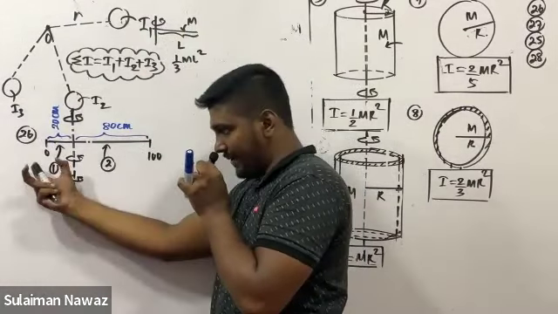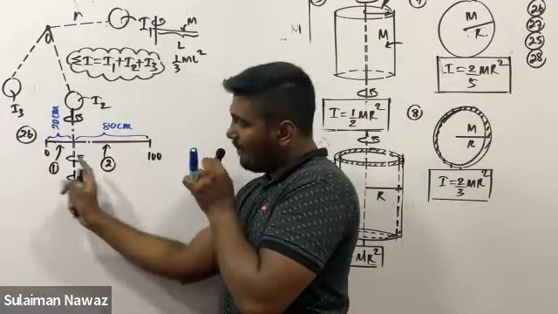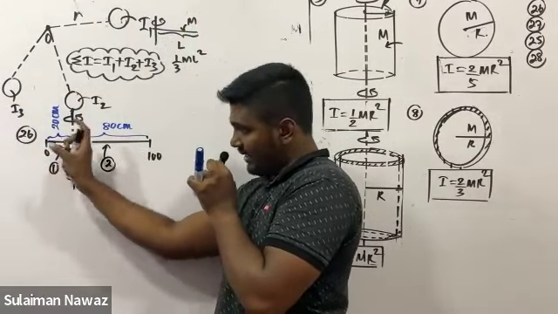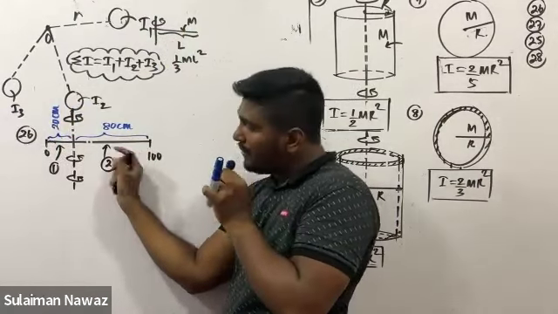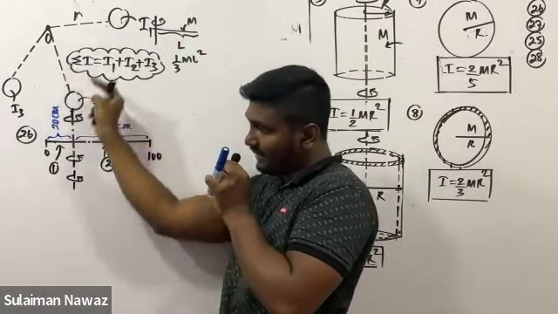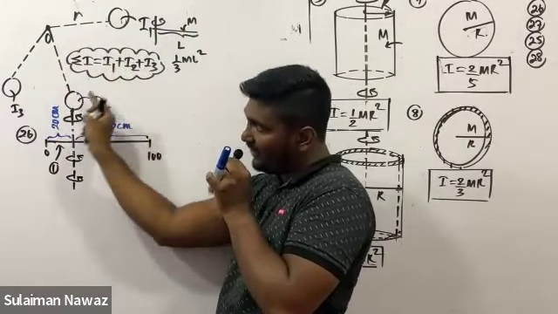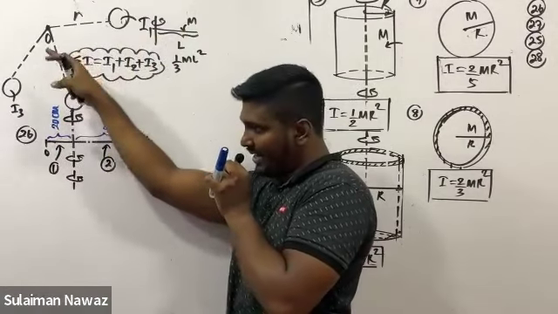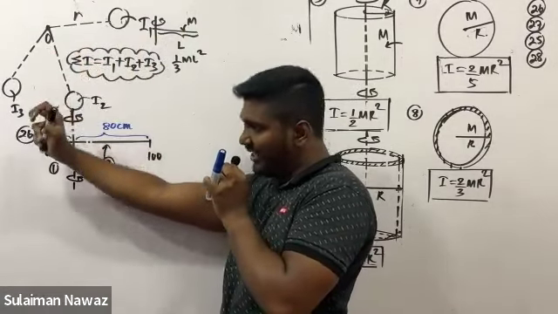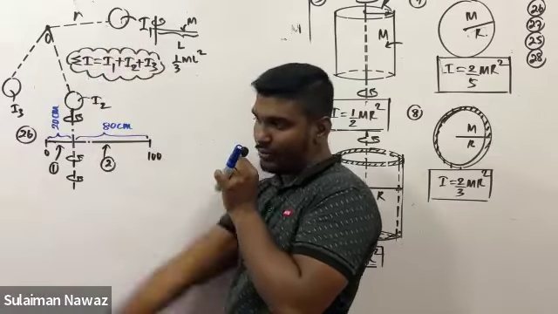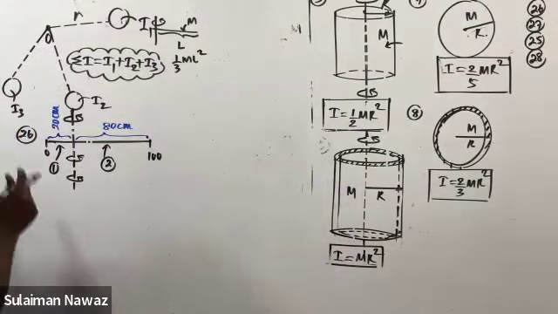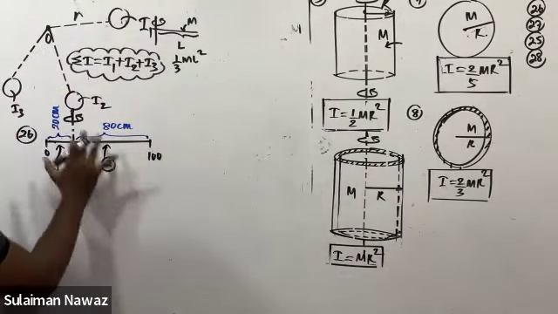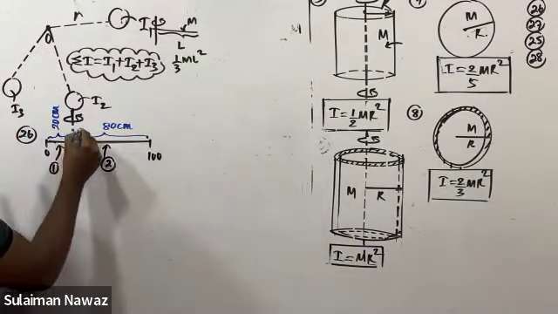The problem is that now you want to take part 1 and part 2 separately. Find the moment of inertia I1 for part 1 and the moment of inertia I2 for part 2. When many objects are rotating about an axis, to find the total moment of inertia you add I1 and I2.